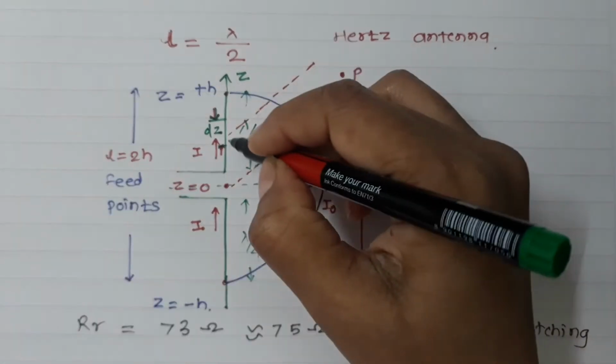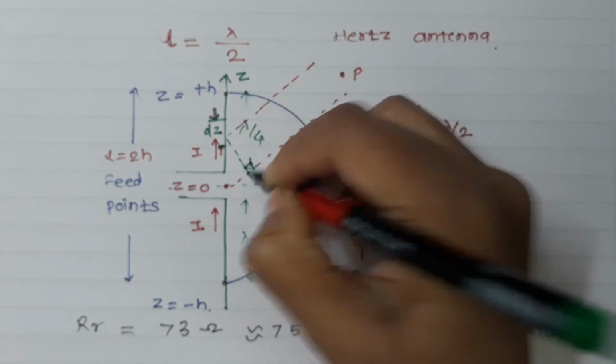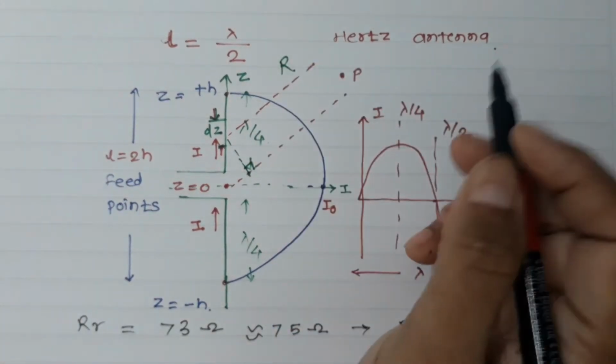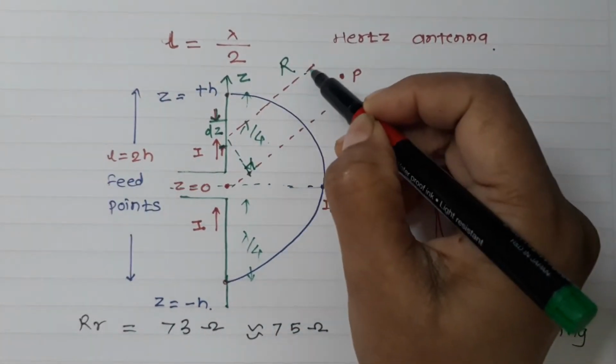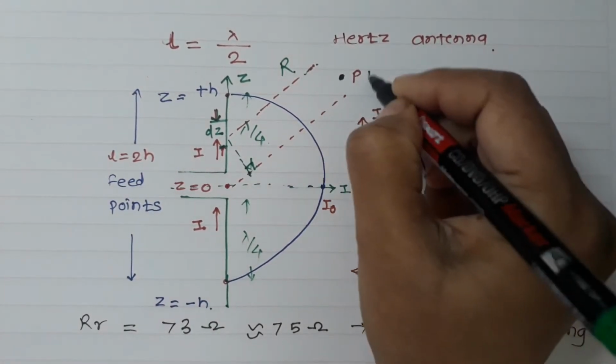If you put the perpendicular from this point, it is I0, and this is R, which is the radius, the observation point or distance point over here.